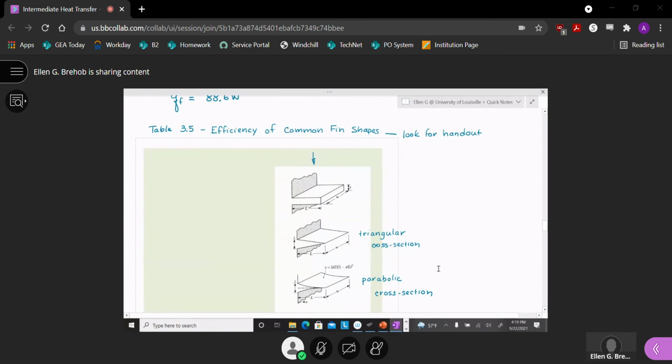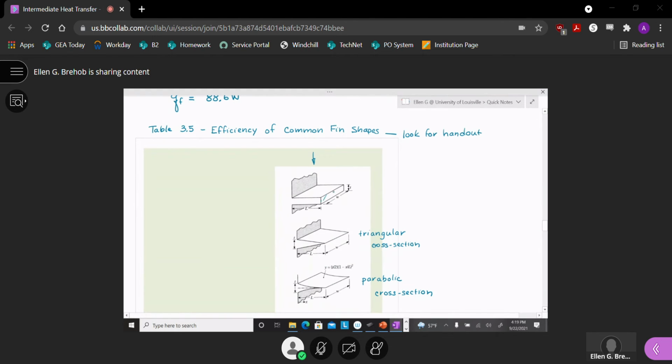Okay, one of the things that you will notice on this table 3.5 is that all of these fins, you can't tell, but behind the scenes, they have assumed an adiabatic fin tip condition.